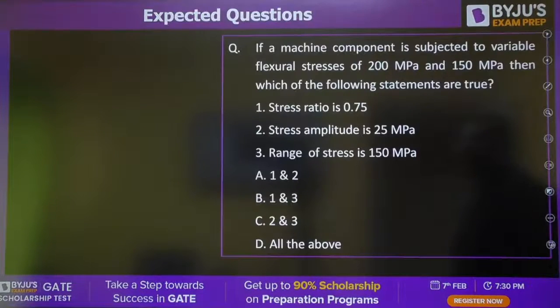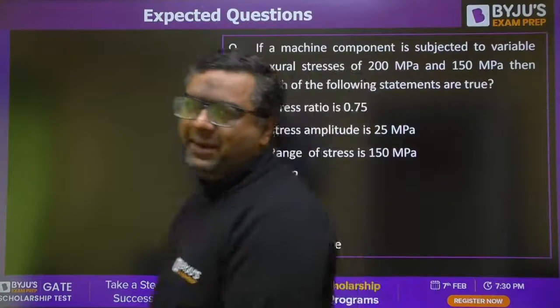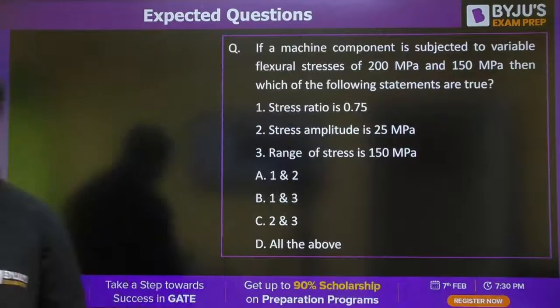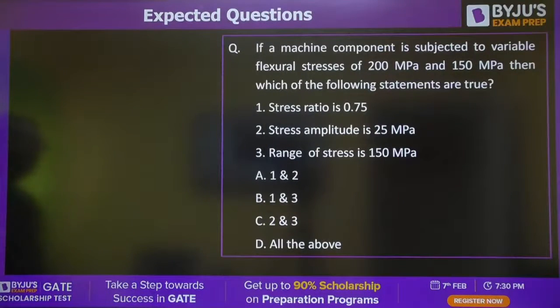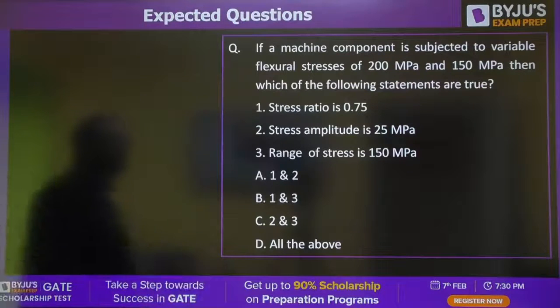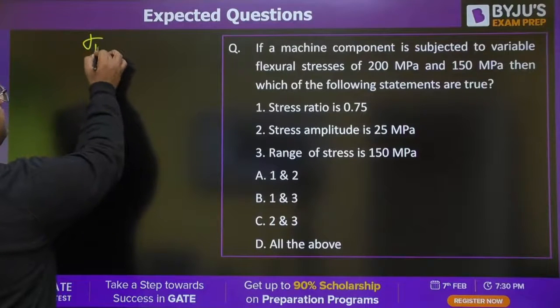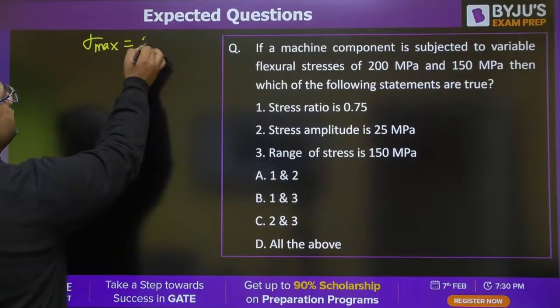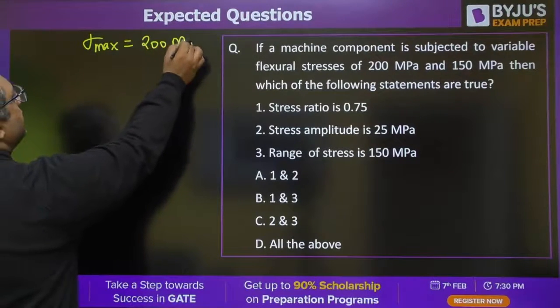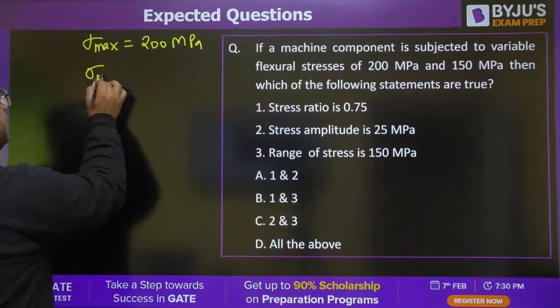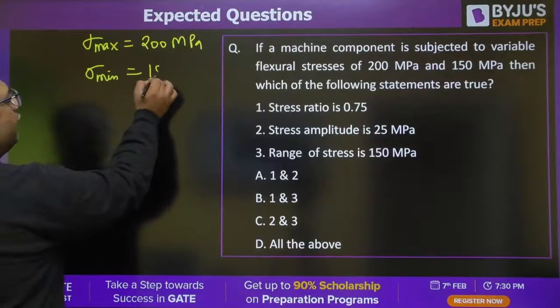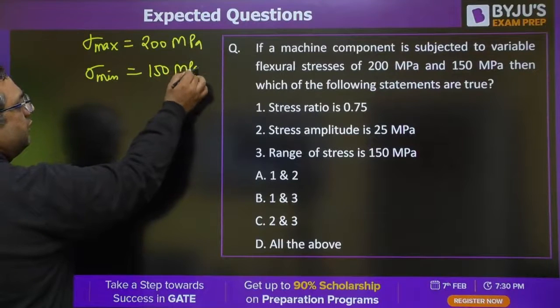Next question, guys, is an MSQ. A machine component is subjected to variable flexural stresses. Sigma max is given as 200 MPa and sigma min is given as 150 MPa.